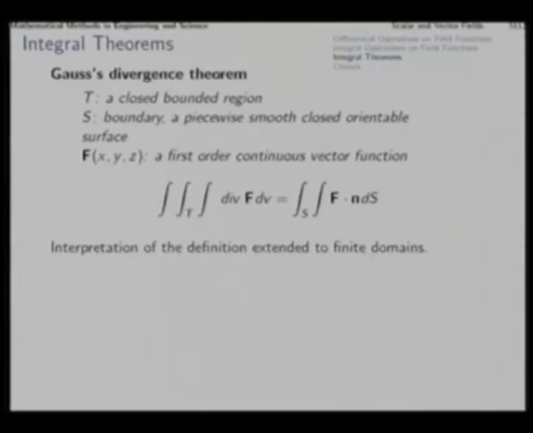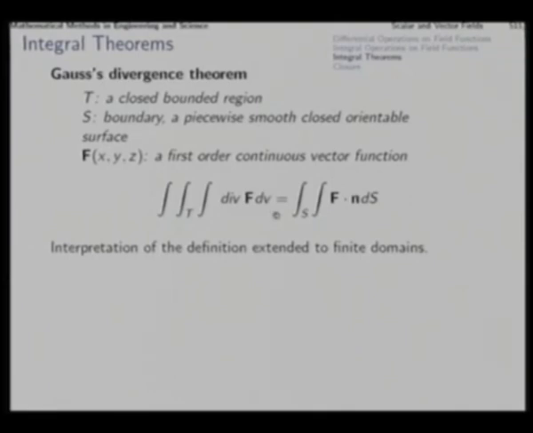So, for that kind of a function, the Gauss theorem or the divergence theorem says that the volume integral of the divergence of the vector function f over the entire volume is the same as the surface integral of the function itself, of the vector function itself over the boundary of the region. That is, the surface integral is evaluated over the boundary S.